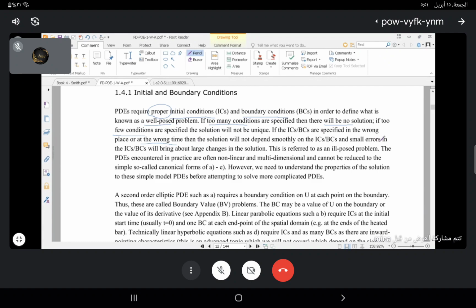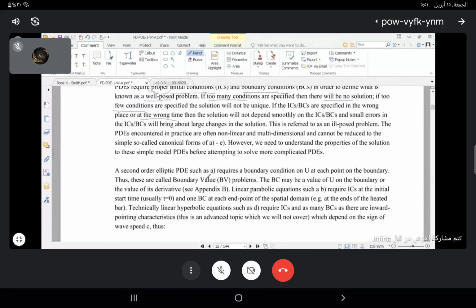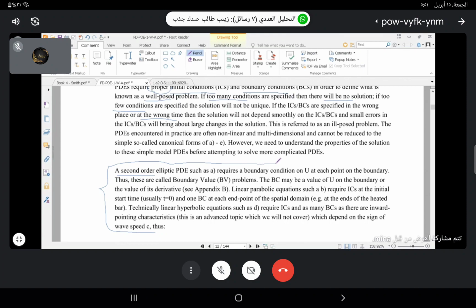For the second order elliptic equation, we require a boundary condition on U at each point on the boundary. Please pay attention, this part is important, and it determines the initial and boundary conditions for elliptic, parabolic, and hyperbolic equations.